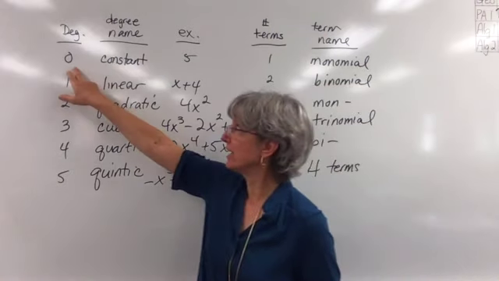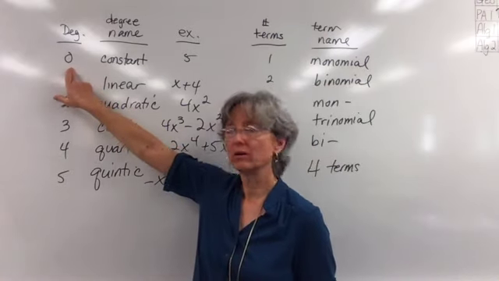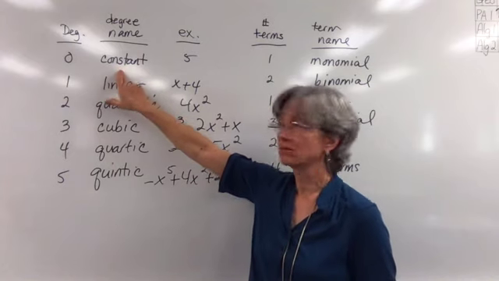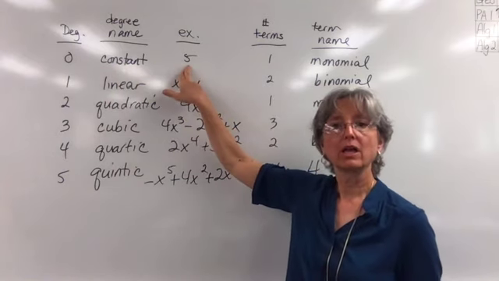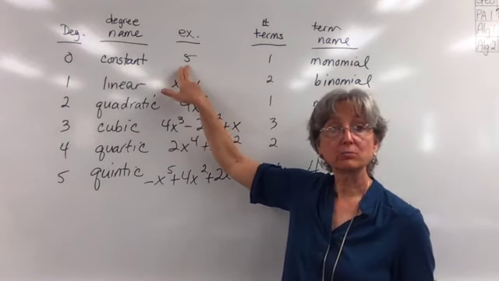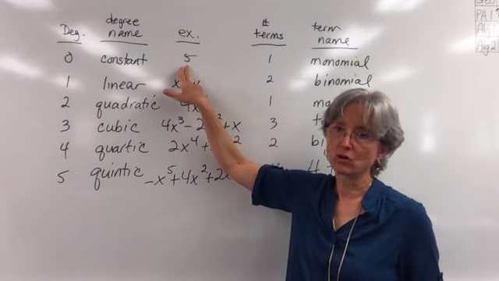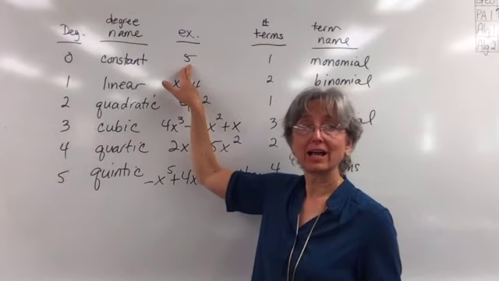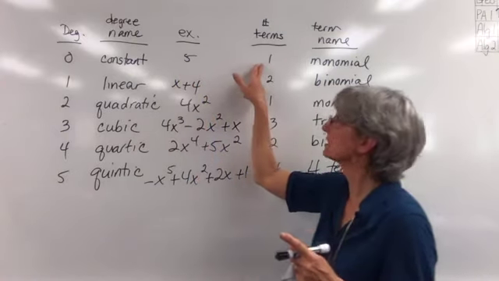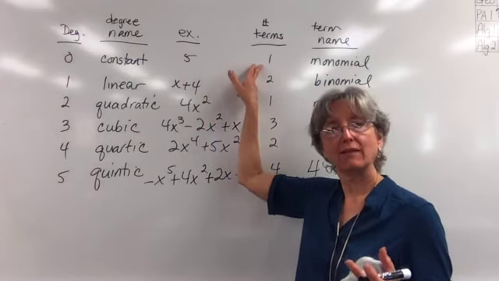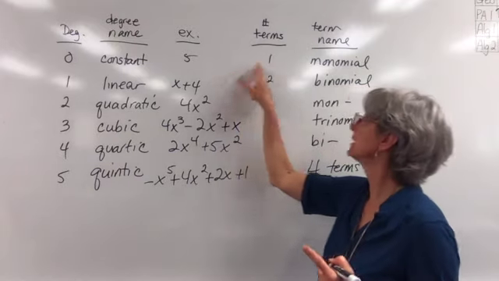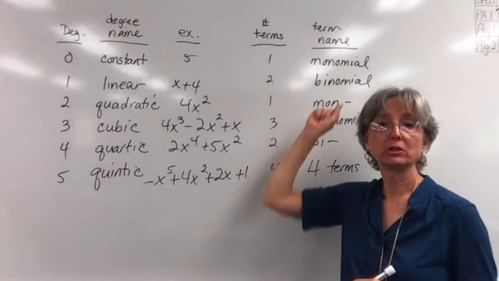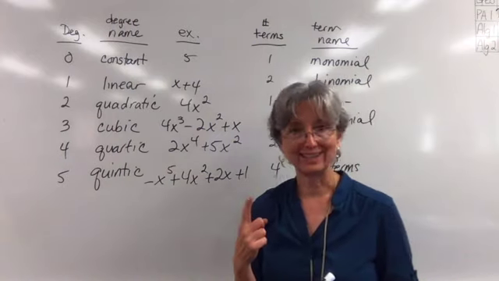If we have a degree of 0, that is called a constant. It would be just a number. The exponent is 0. We have no variable at all. This example has just one term in it. It's 5. And when we have a polynomial of one term, it's called a monomial, because mono means one.